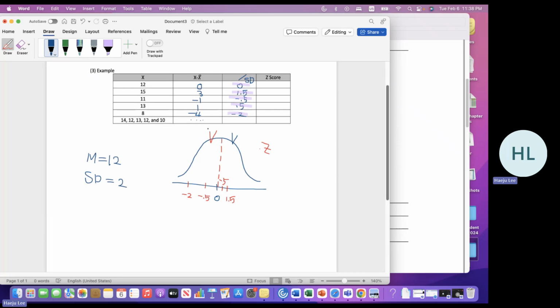On the left side from the mean, the scores are negative in the G distribution, and on the right side, the scores are positive.